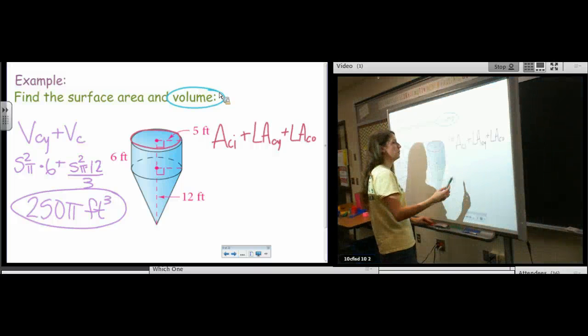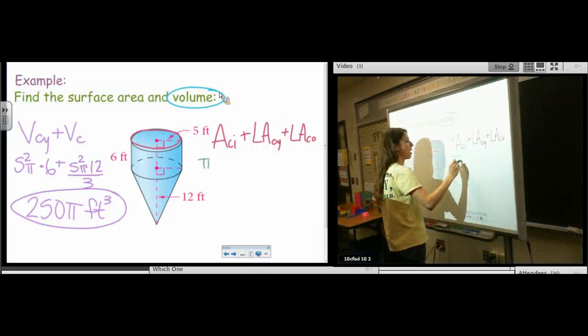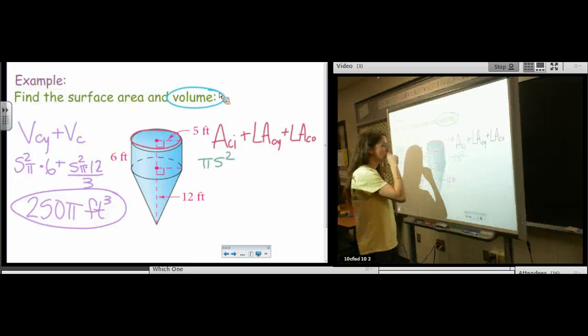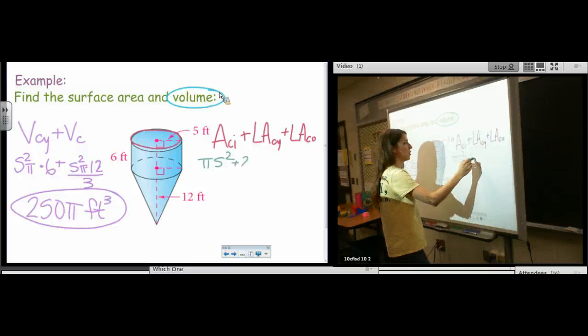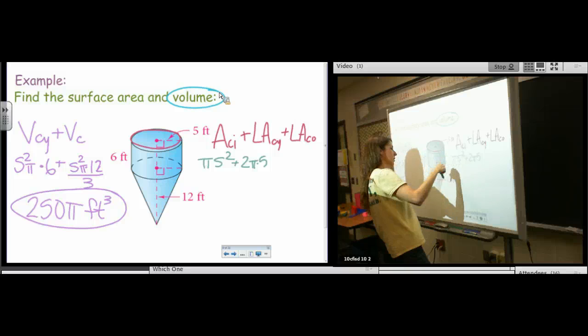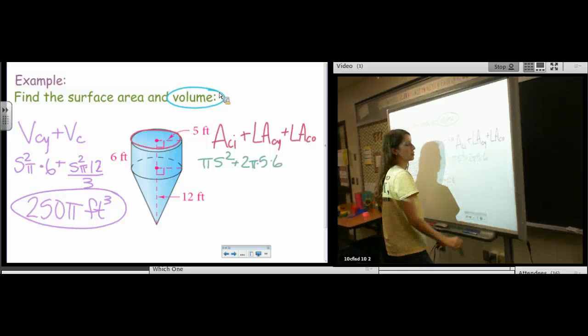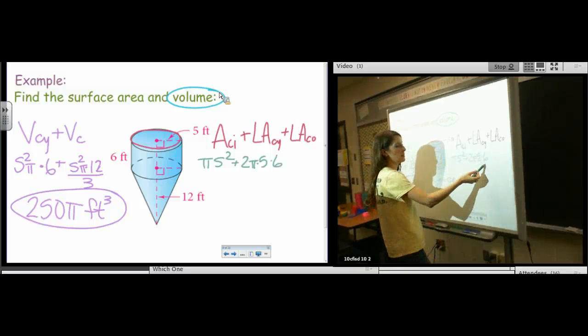Area of the circle, pi r squared. Lateral area of the cylinder, 2 pi r h. Circumference times height.